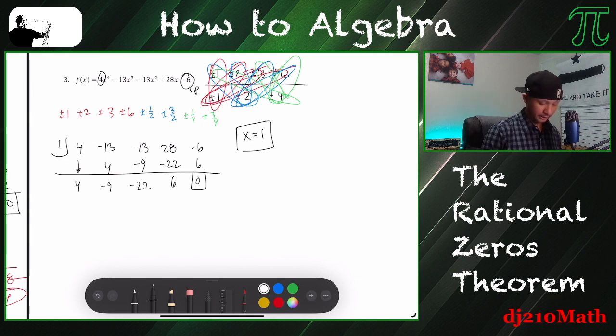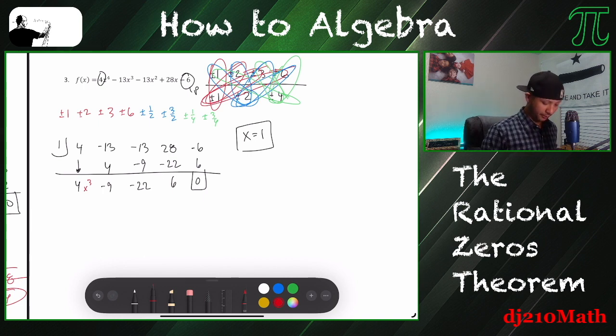So if this is x to the 4th power, we know that this is going to be x to the 3rd power. I kind of want to just put the variables and then use factor by grouping. But let's just keep using synthetic division, see what happens.